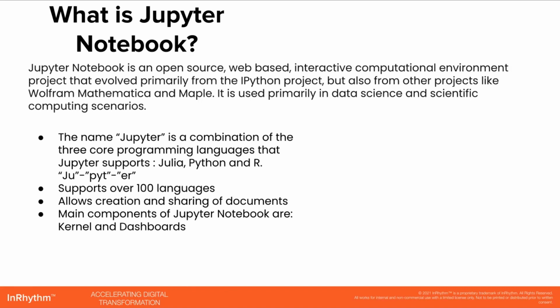But Python is a very broad language. You can use Python in all kinds of stuff, and there are so many different libraries out there. As the IPython project grew, there were a lot of really nice things they were able to pull from Mathematica, Maple, and IPython, and Jupyter Notebook was born from that.